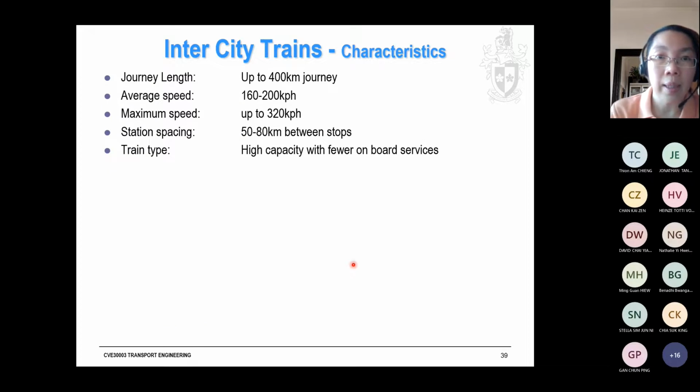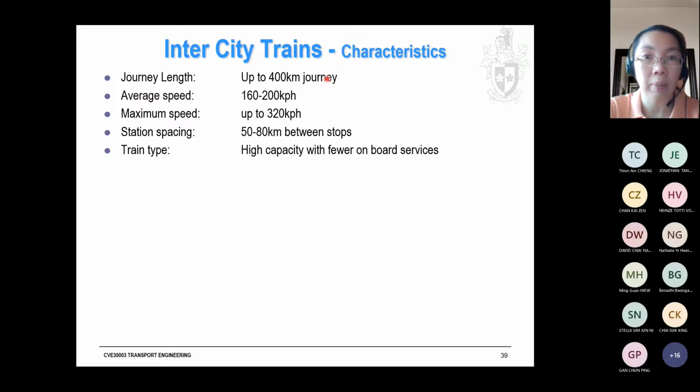So then next we look at intercity train travel. Right. So before this, we looked at just urban areas, very densely populated, and then we take one step further. We look at people who are staying in the suburbs, traveling into the city. So frequency is lower, the distance is slightly longer, and if we are talking about intercity, the distances are even longer, up to a 400-kilometer journey.